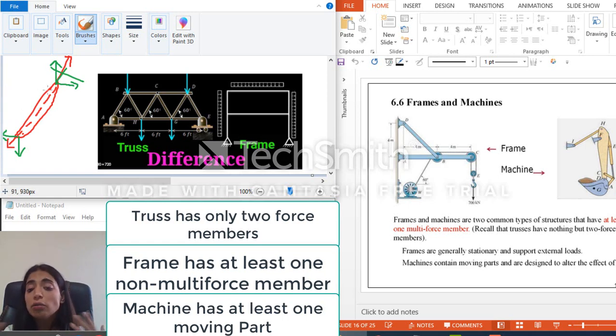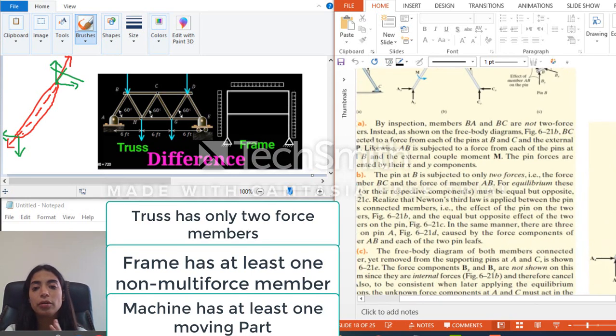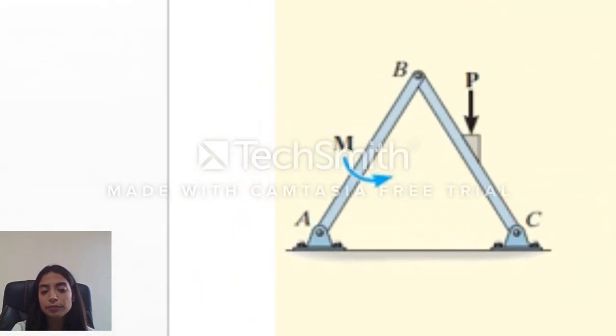So guys, in order to better understand how to solve for frames and what a frame is, I want you to start with this example right here. As you can see, guys, in this example, I can be sure that this is not a truss.